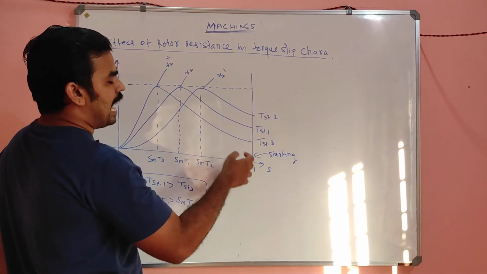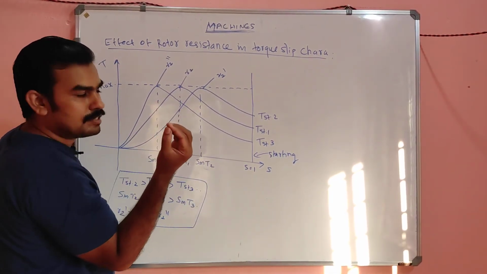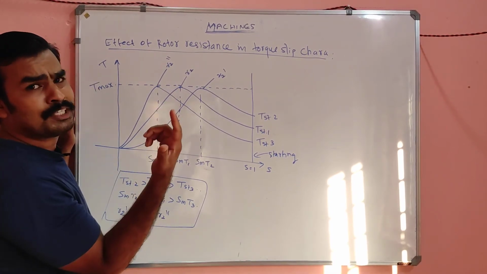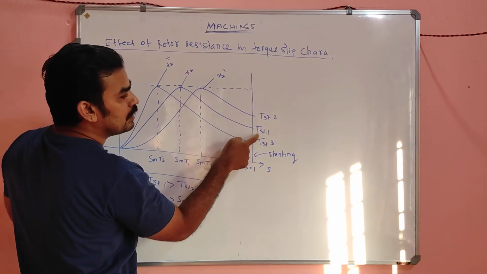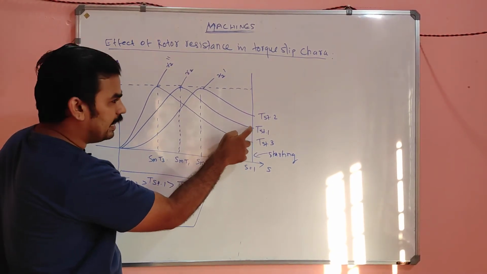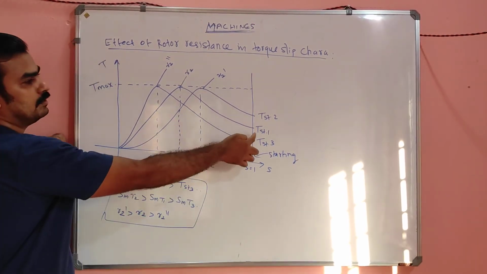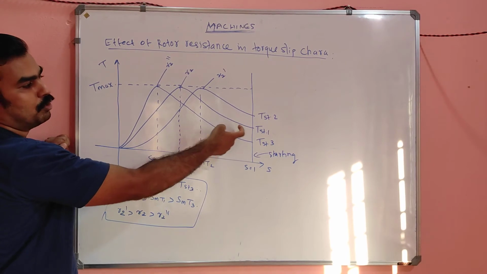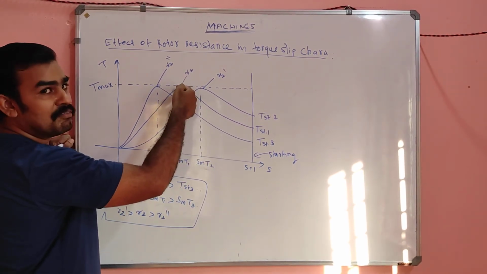At a particular value of rotor resistor R2, T start 1 will be the starting torque. Say here it is in the middle, and the torque slowly increases and reaches the maximum value.